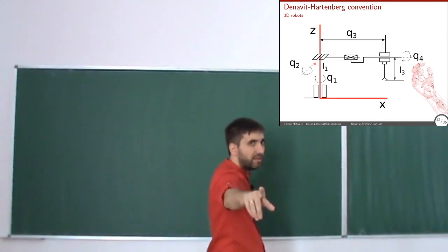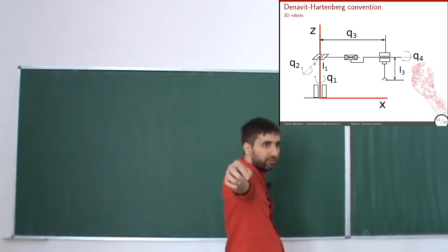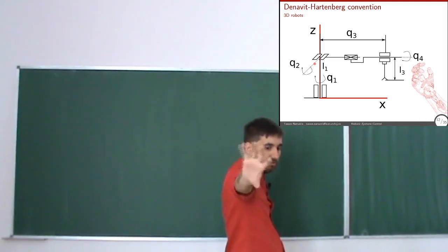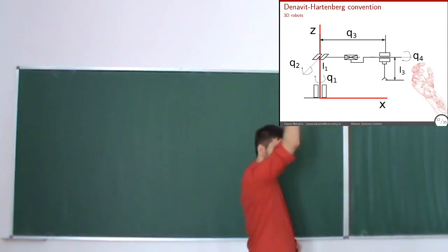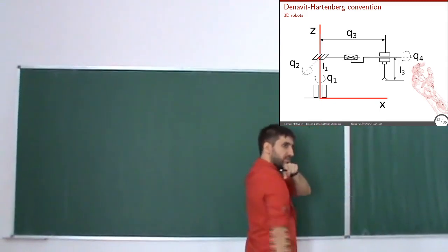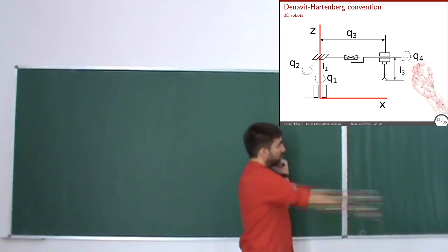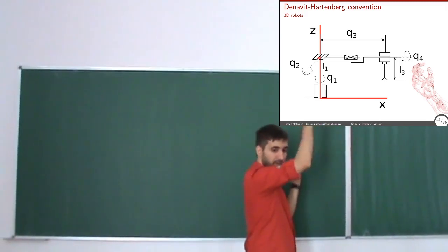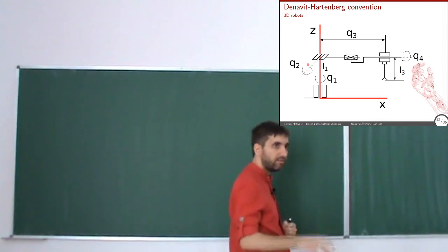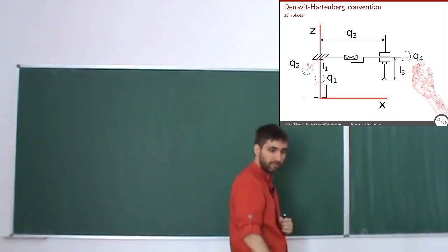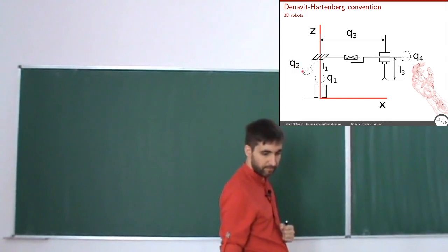It doesn't have a direction yet. It's just an axis of rotation of this joint here, so it rotates like this somehow. The axis points towards you or into the board. And the angle of the axis is Q2.